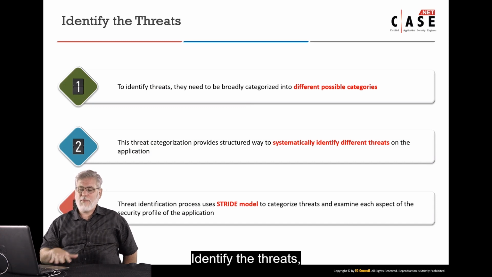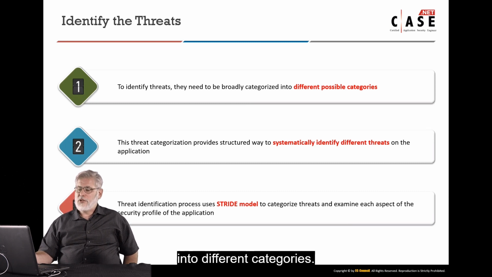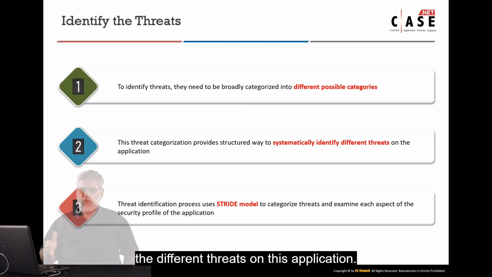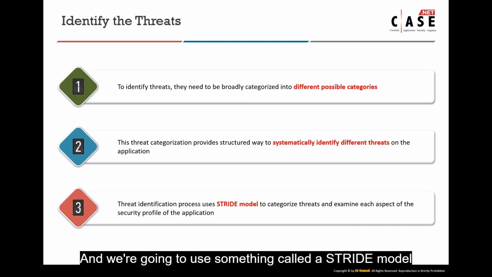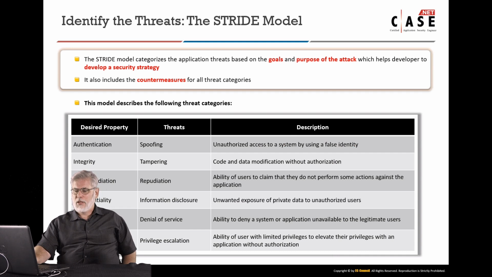Identify the threats, and they may need to be categorized into different categories. You need to systematically identify the different threats on this application. What are the specific different threats from different parties, different bad actors? And we're going to use something called a STRIDE model that helps us categorize these.